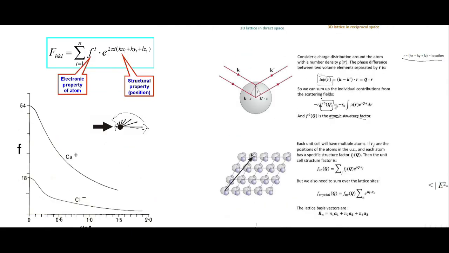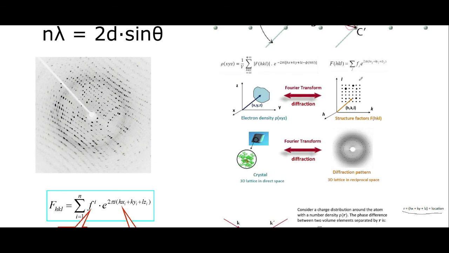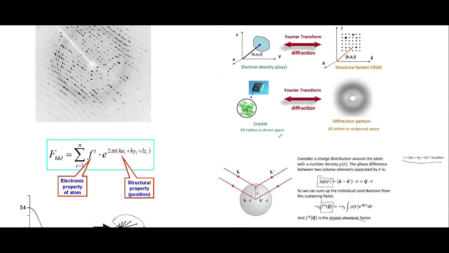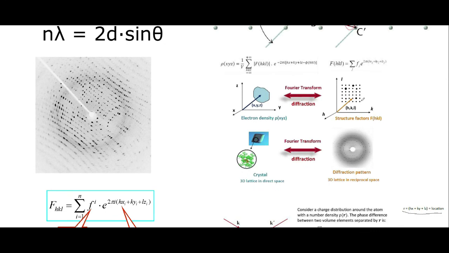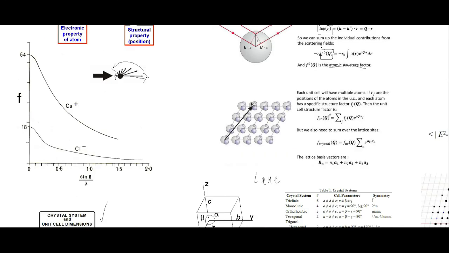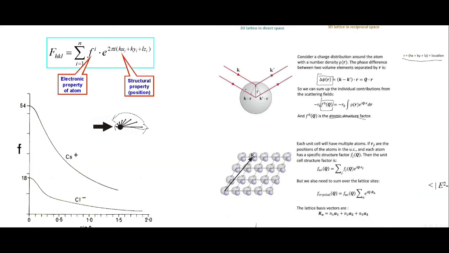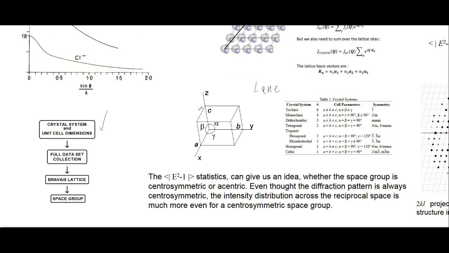From the diffraction pattern, we get our structure factors, which are based on this atomic structure factor plus the position of the structure factor. And the atomic structure factor had to do with the electron density around the atom.